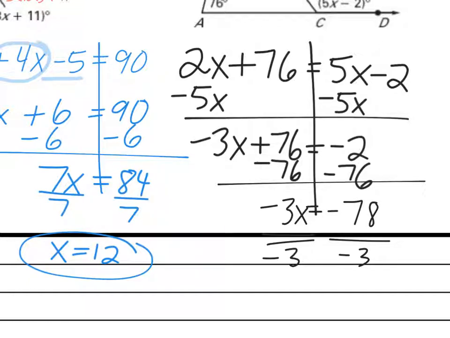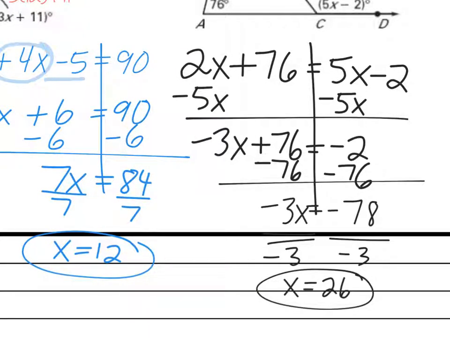What would that be? Is that 20? Is that 26? Okay. And same as before, you actually have to get the angle measures. If I were you, I would choose to plug back into the one that's 2x because it's quicker. So I'm going to take my 26 and multiply it by 2.